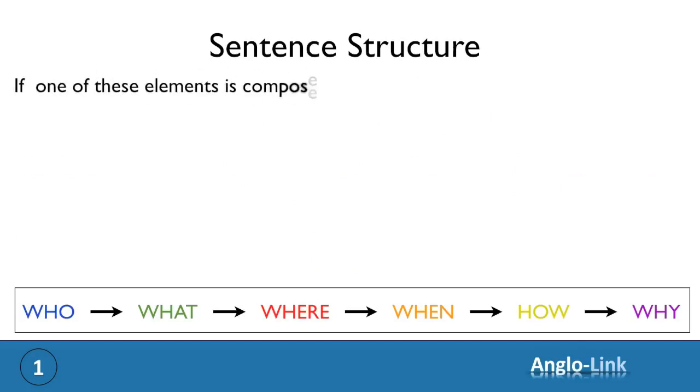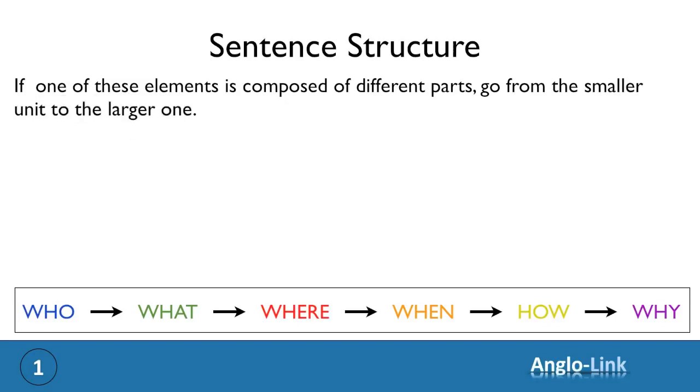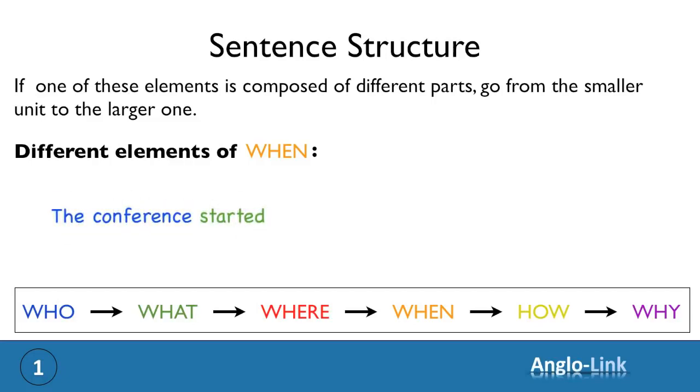Now, if one of these elements is composed of different parts, we usually go from the smaller unit to the larger one. For example, if there are different elements of when, the conference started at 10 a.m. on Tuesday last week.